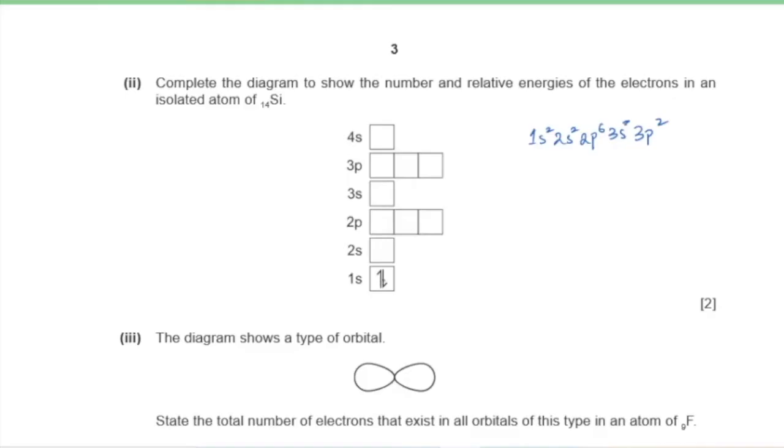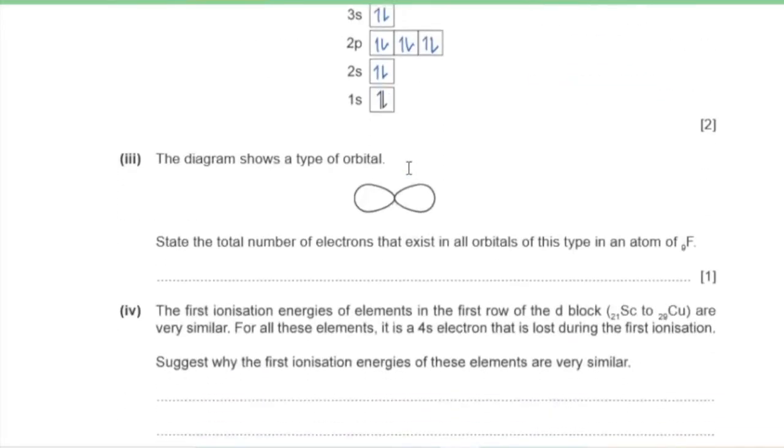So 1s2 has already been filled for you. 2s2, we will give them a pair. We will fill each box first with an electron and we'll give them their pairs then. Now 3s2 has a complete orbital. The 3p subshell has only 2 electrons, and those 2 electrons are unpaired.